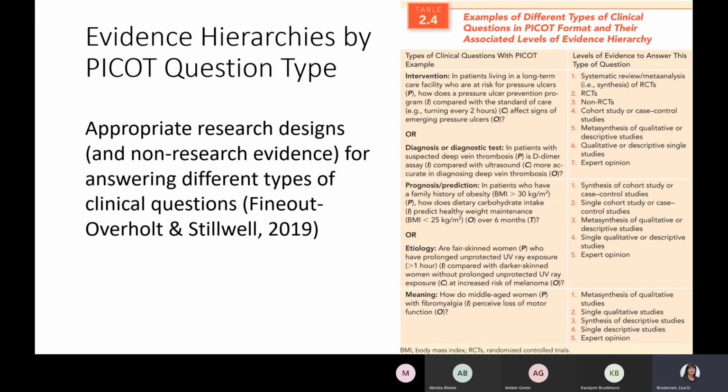And so the PICO questions are often intervention PICO questions. Occasionally they might be a diagnosis or diagnostic question, but rarely have I seen students pose prognosis, prediction, etiology, and meaning questions. And for the most part, the graduate project is designed to promote intervention PICO questions.